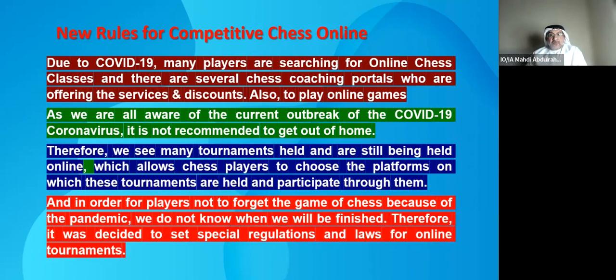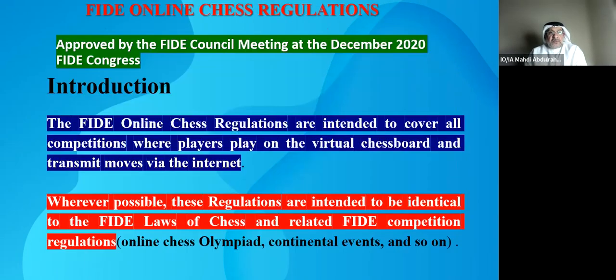And in order for players not to forget the game of chess because of the pandemic, we don't know when it will be finished, but I hope by the end of this year it will be finished. Therefore, it was decided to set special regulations and laws for online tournaments, which were approved by the FIDE Council meeting at the December 2020 FIDE Congress.